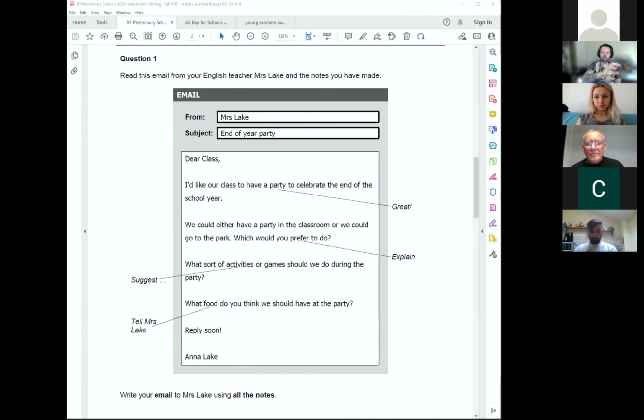So here we've got an example of the email response task for B1 Preliminary. There are 4 content points. To get the highest mark for content, all other things aside, the students need to respond to all 4. So my suggestion is to start, when you're looking at this sort of thing, with a kind of consciousness or awareness raising activity about the importance of the content points.